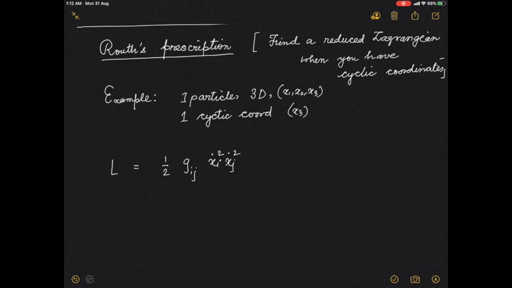We assume that the mass of the particle is 1, or it is already included in g. This is the kinetic energy term, and then the potential energy term. It can depend on x1 and x2, but it cannot depend on x3 because that is cyclic.